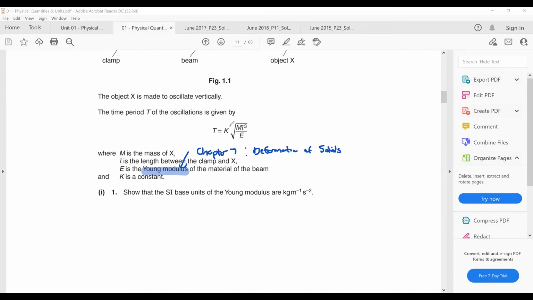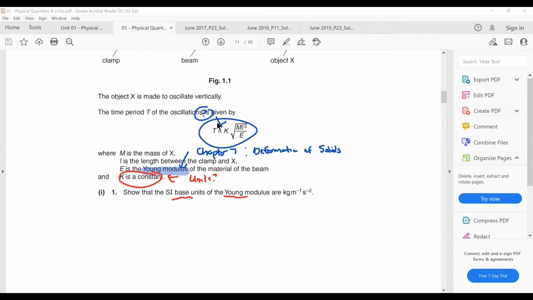I think I know why. Because you try to find from this equation, but then you get stuck in K. What is the unit of K, right? They never say, right? Okay, the thing here is this. You are not supposed to try to find the SI base units for Young's modulus from this equation, because K here, you do not know what the units are.